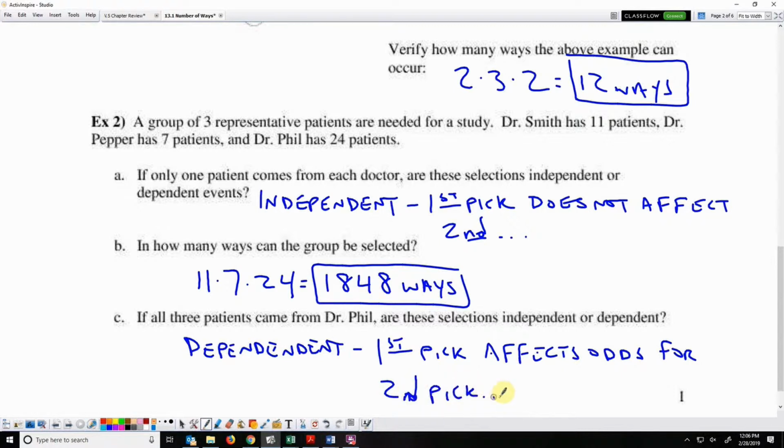And that second choice affects the odds for the third choice, because Dr. Phil has 24 patients, and when I'm picking the first one, I'm picking 1 out of 24. When I'm picking the second one, I'm picking 1 out of 23. Then I'm picking 1 out of 22. So because the odds change each time, that is called dependent events.